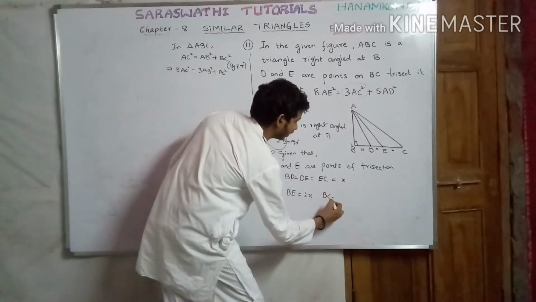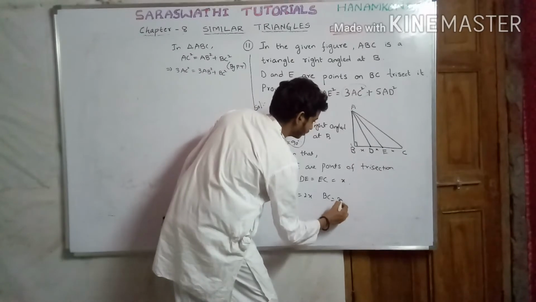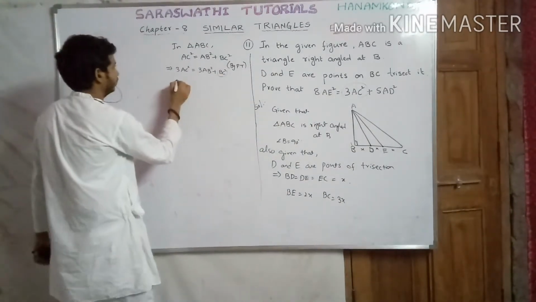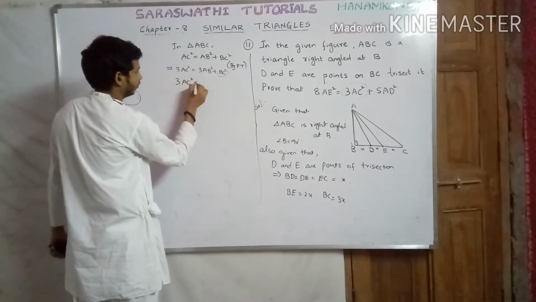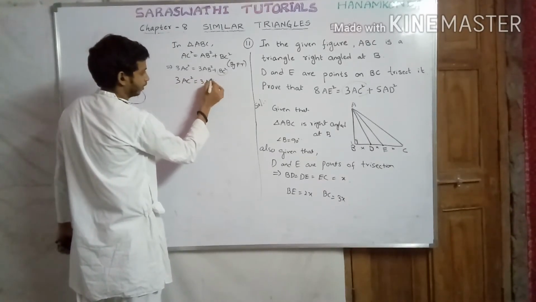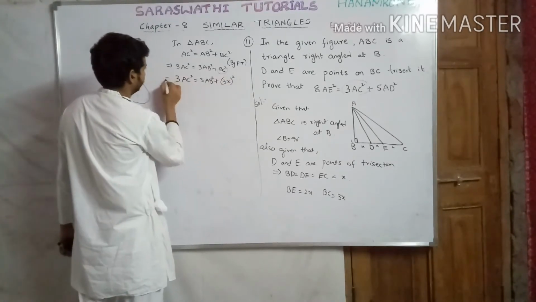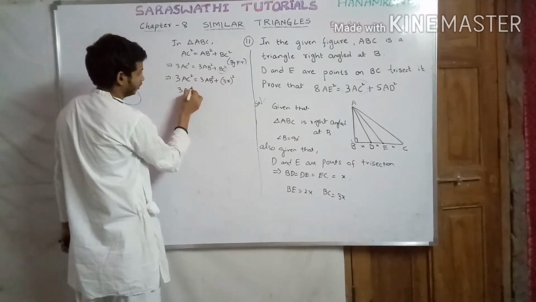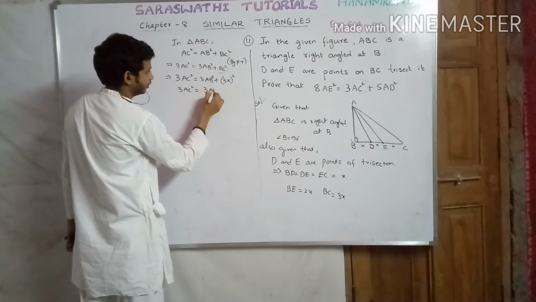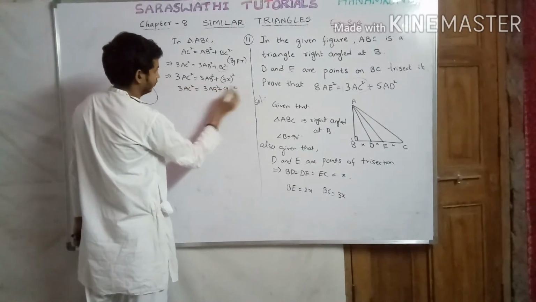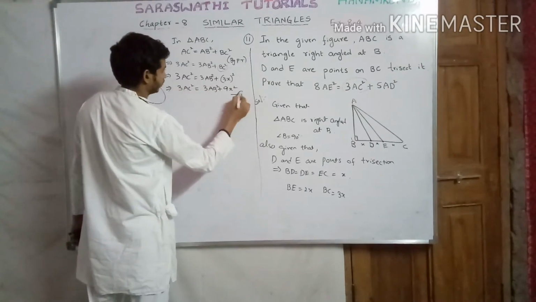Similarly, BC value we get X plus X plus X, that means 3X. So in place of BC substitute 3X. So 3AC square equal to 3AB square plus 3 into 3X whole square. That means 3AC square equal to 3AB square plus 3 into 9X square. Consider it as the first equation.